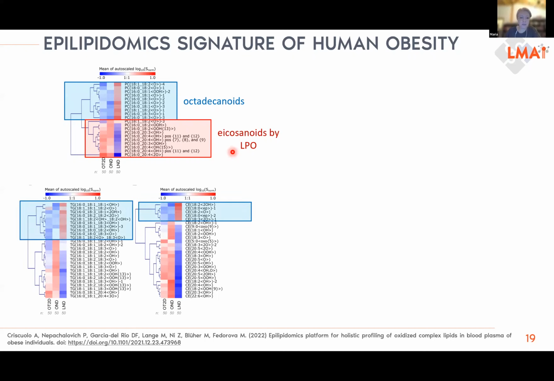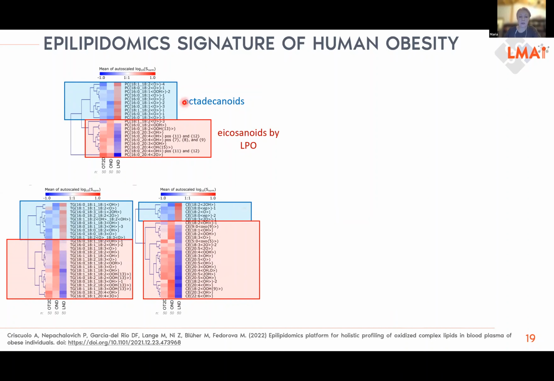So in TGs and CEs, again, we see the group of modified lipids which are carrying modified acyl chain with 18 carbons. And then when we move to the obese individuals, we have mostly, again, here, I think the most clear with CEs, again, longer chains, 20, even 22, with a whole variety of different products. Many of them are hydroperoxide as well.